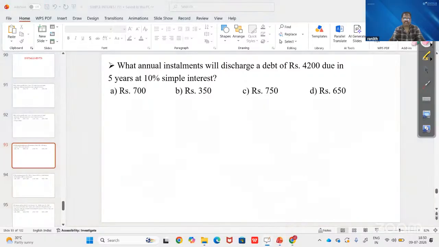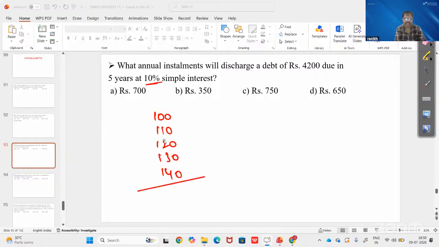Next. Here also the same thing. The number of years is 5, at 10 percent per annum. So 100, 110, 120, 130, and 140. Add all the values: 1 plus 2 is 3, 3 plus 3 is 6, 6 plus 4 is 10.